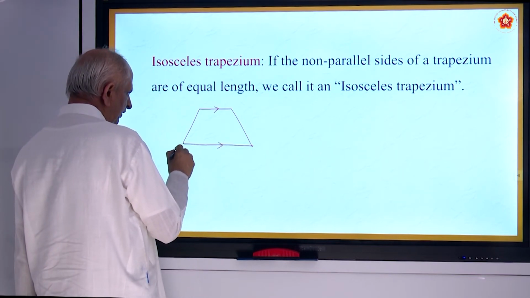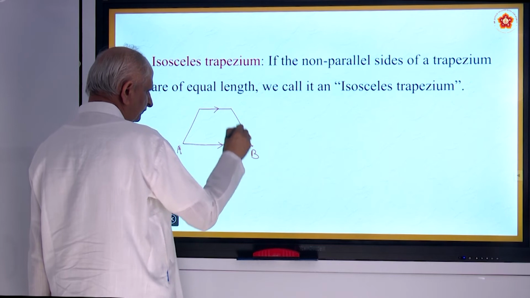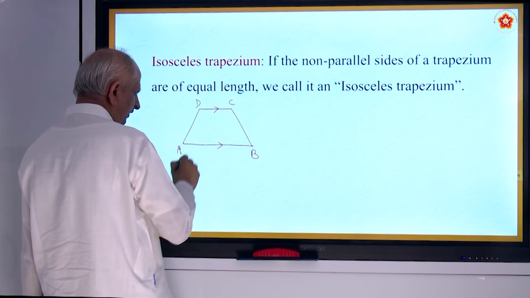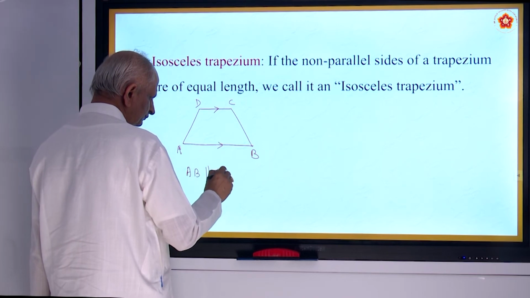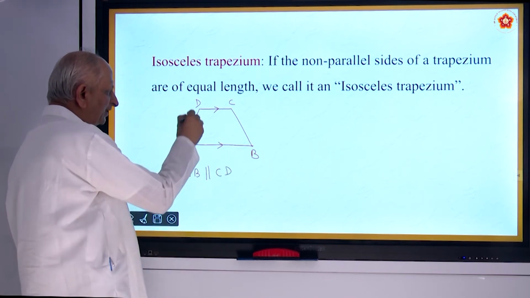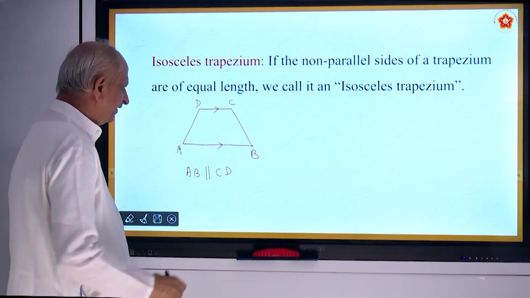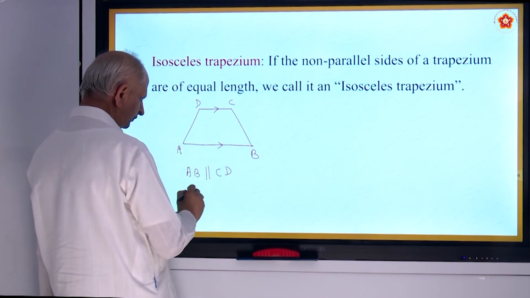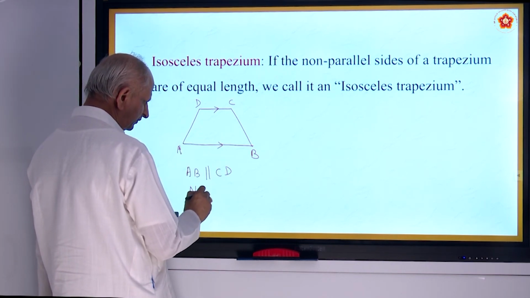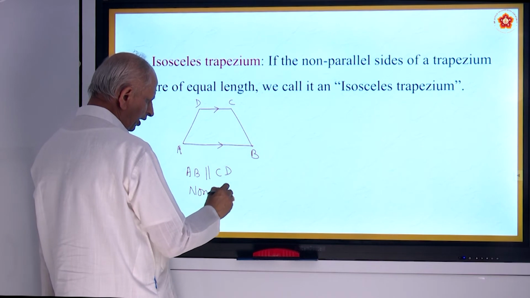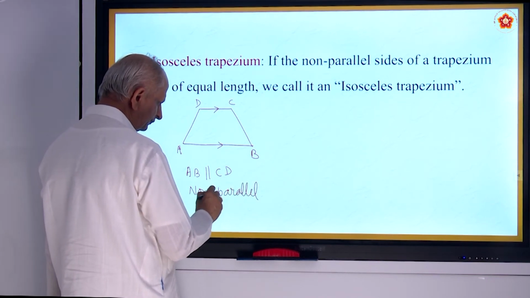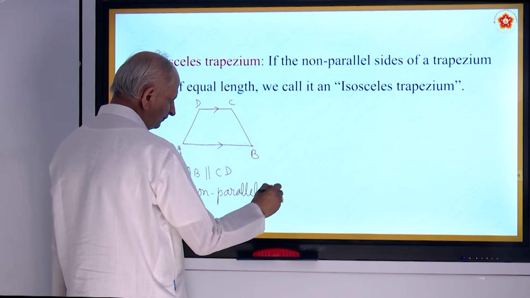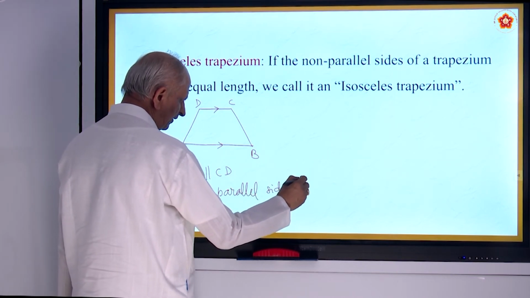And if you call this as ABCD, we say that AB is parallel to CD. And these are called non-parallel sides. So, what are non-parallel sides? Non-parallel means they are not parallel. What are the name? AD and BC.